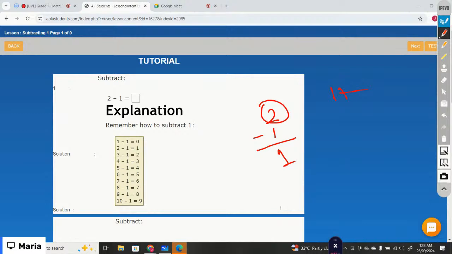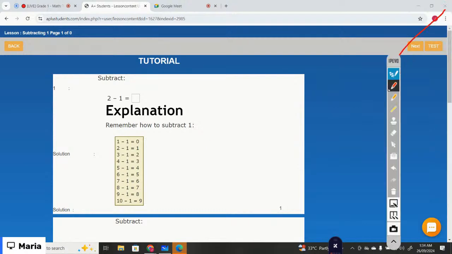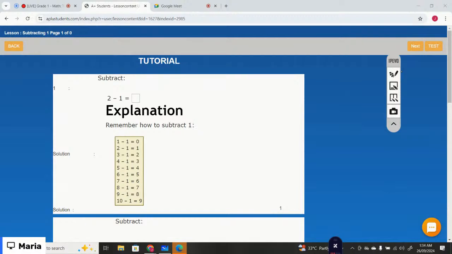And the other way is you can start with the smaller number and count up till the greater number. So start with 1, and when you count until 2, you have only 1. So 2 take away 1 is 1, right? Basically, subtracting 1 means you are moving back one digit, right?